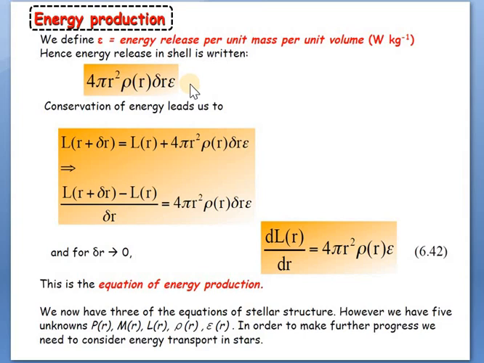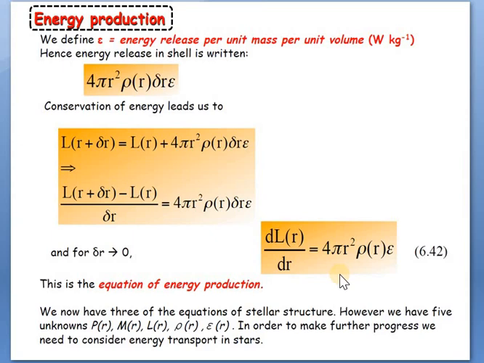Thus the conservation of energy leads us to this form, and from there we can write it like that, and for delta r tending to 0 we get this relationship, which is the equation of energy production.